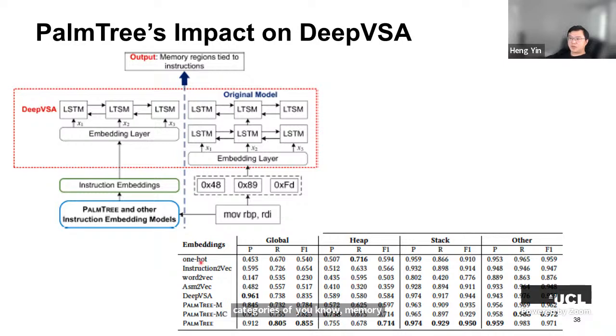Compared to the original DeepVSA, you can see that DeepVSA is only good in terms of the precision on globals, but all the others cannot beat our PalmTree version.